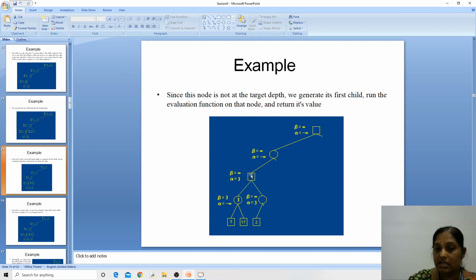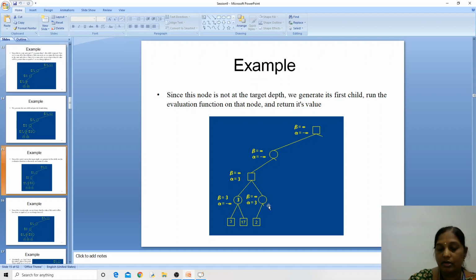So here alpha is 3, because I need to select the maximum value between these two. Beta value is equal to 3 and here the beta value is infinity. I don't know, but here I always need to select the maximum value because the max player is playing the game. Whenever you are trying to find the maximum value here, you should understand this value is always less than or equal to 2.